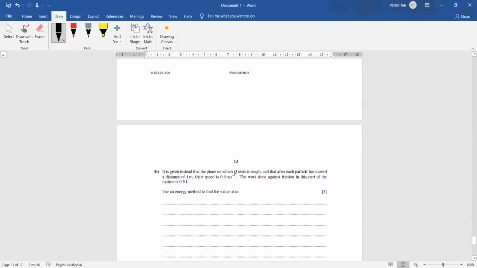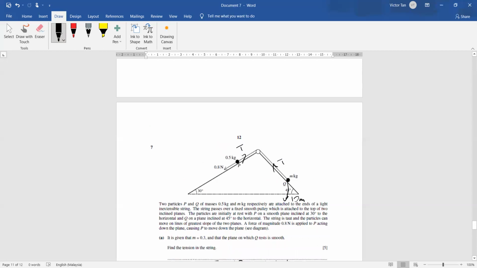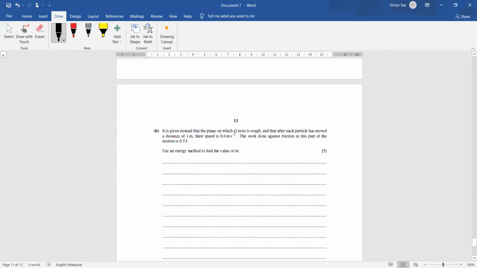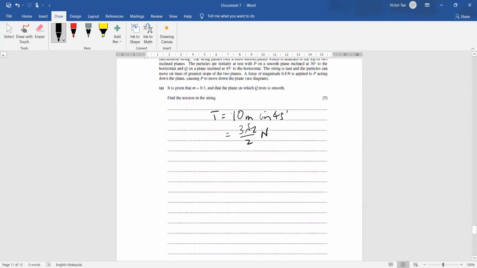So the increase in kinetic energy for both particles is, so the total mass, so it is half times 0.5.